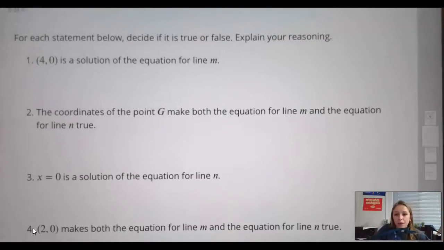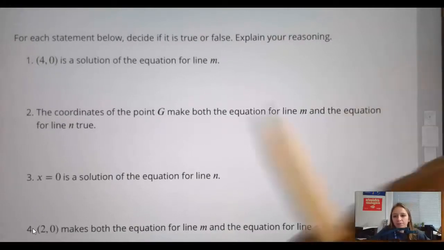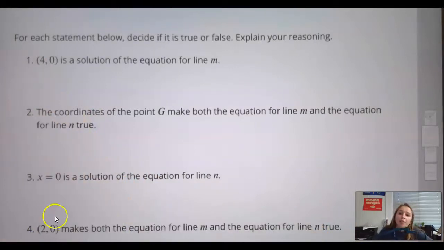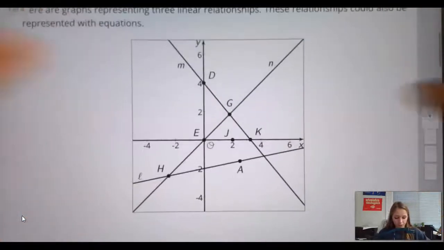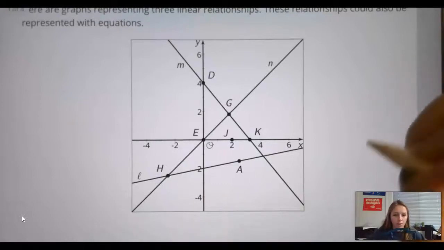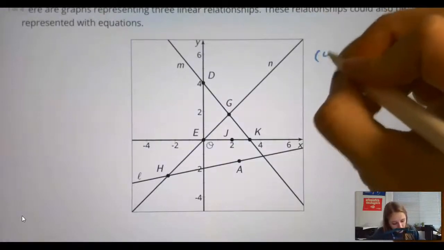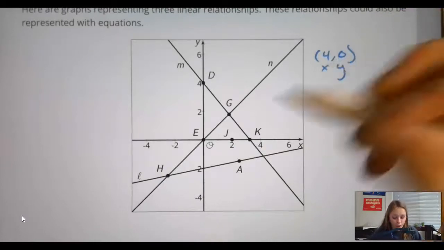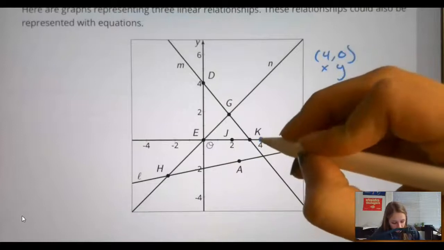So number 1 says (4, 0) is a solution of the equation for line M. For that to be true, we need to see if this point lands on line M. So we have point (4, 0). My x value is 4, so I go 4, and then my y is 0.